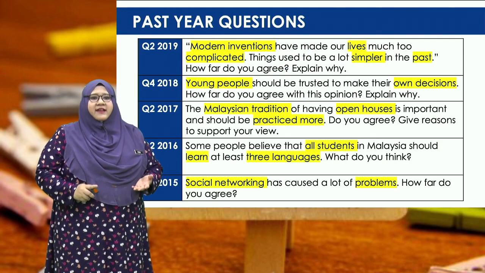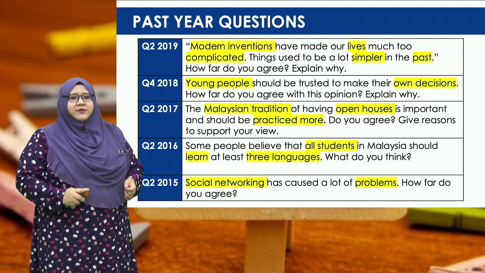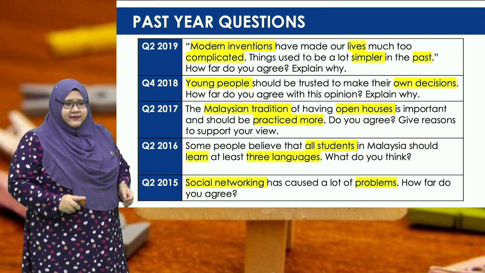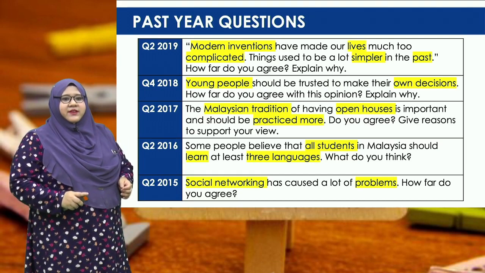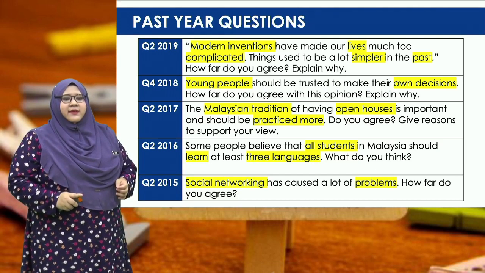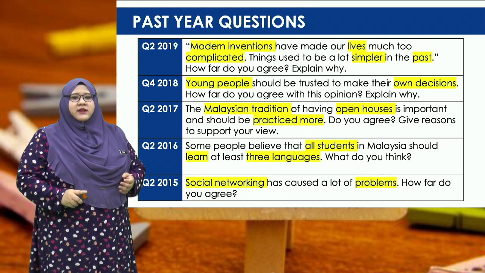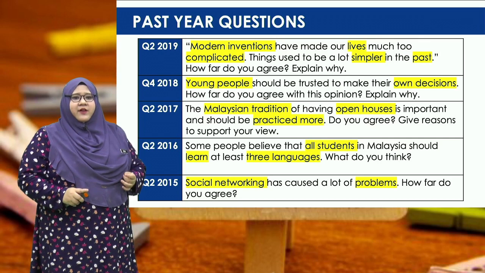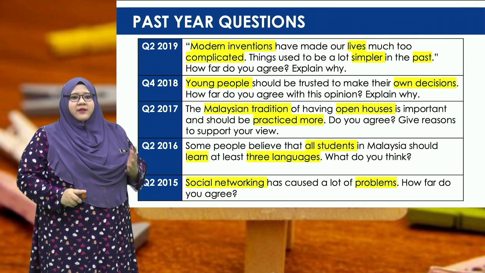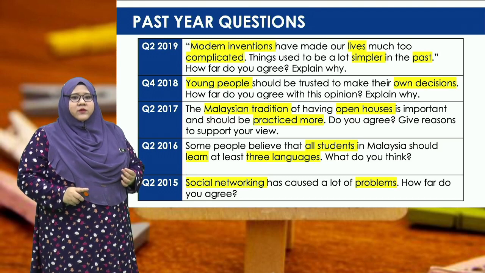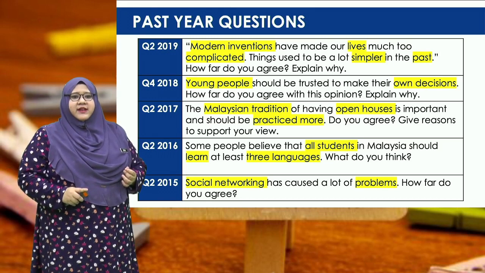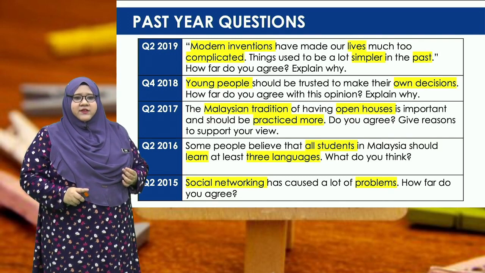So here are some past year questions for argumentative essays. Alright, so in 2015, the question was, social networking has caused a lot of problems. How far do you agree? And in 2016, some people believe that all students in Malaysia should learn at least 3 languages.